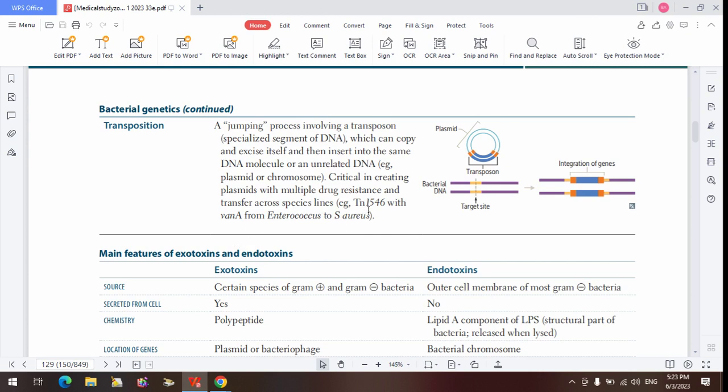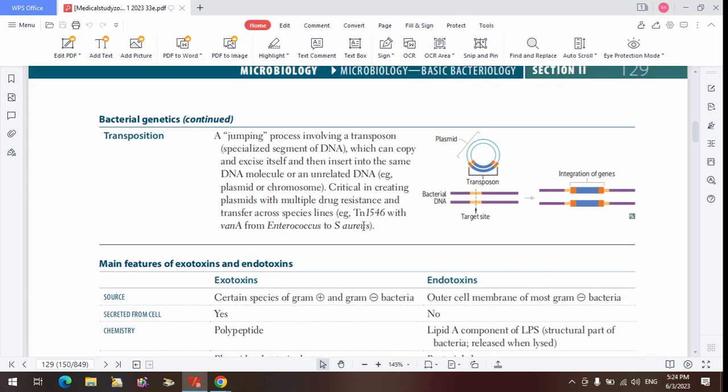Transposon 1546 encodes vancomycin resistance. So once it transmits from the plasmid of Enterococcus into Staph aureus, that Staph aureus is automatically resistant to vancomycin. Yeah, exactly.